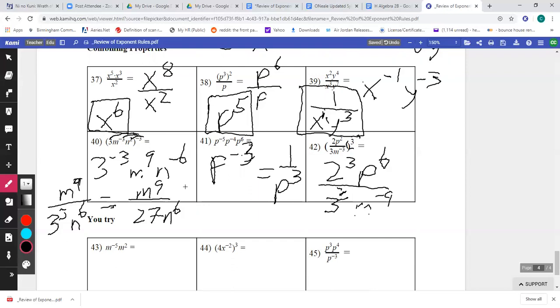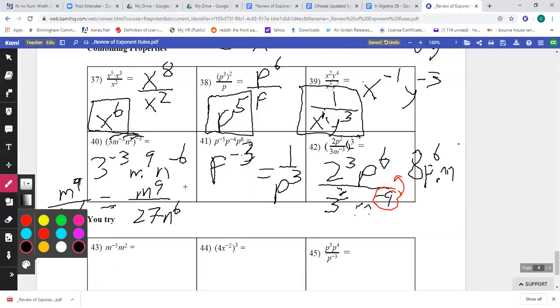So now a couple of things happen here. This is negative, so it's going to move to the top. So my final answer here, 2 to the 3rd is 8. p to the 6, m to the 9. And then on the bottom, 3 to the 3rd is 27.